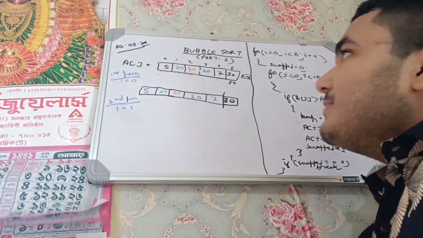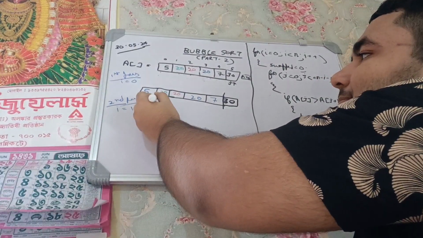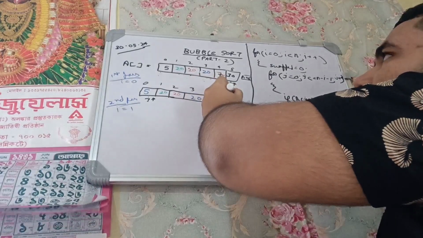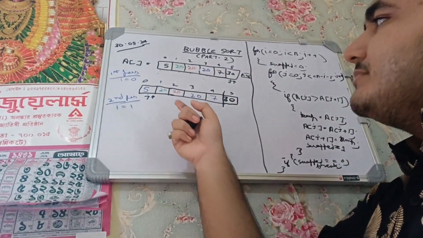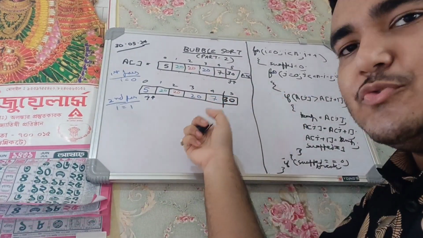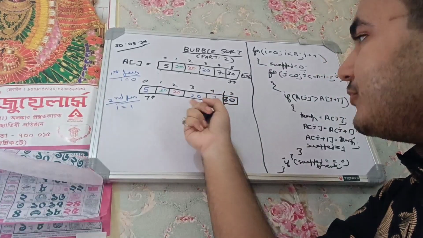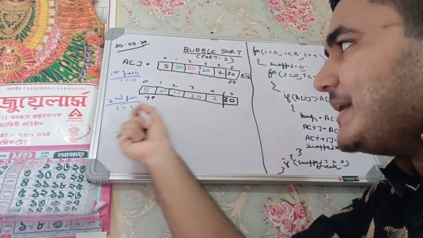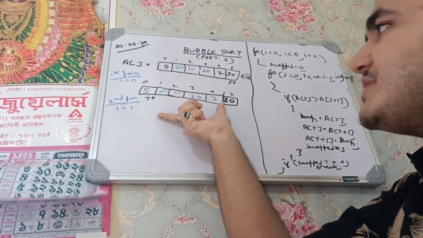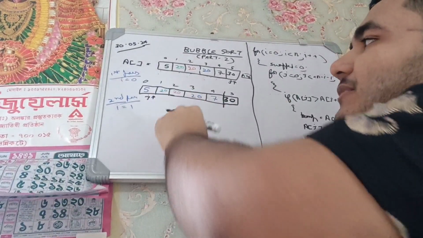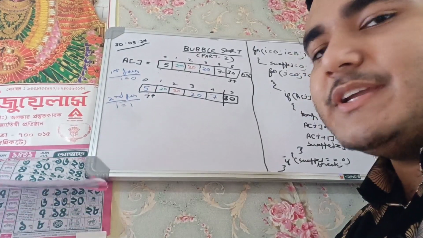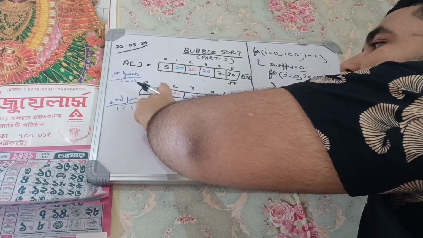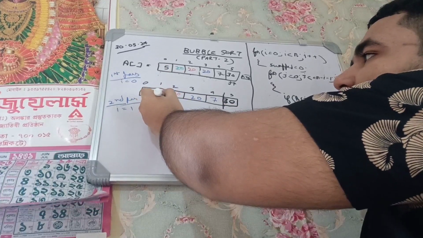j again starts from the beginning here. Now up to which index should j move? Obviously up to 4, because n is 6, 6 minus 1 minus 1, so j is going to move up to index 4. Now, is 5 greater than 20? No, so no swapping required, j moves.